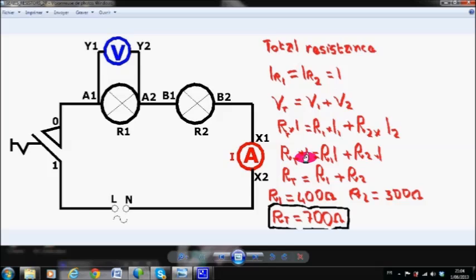So RT times I equal R1 times I plus R2 times I. We can cancel I, and then you have RT equal R1 plus R2. If the resistors are in series, to get the effective resistor or the total resistor, you just need to add all the resistors in series. If R1 equal 400 ohm and R2 equal 300 ohm, you get RT equal 700 ohm. This is very, very simple.